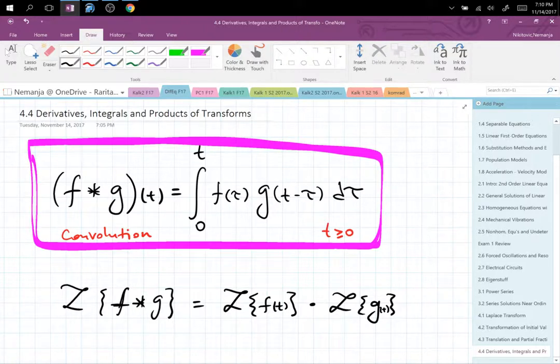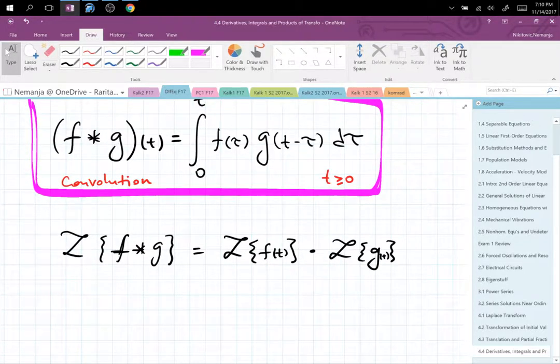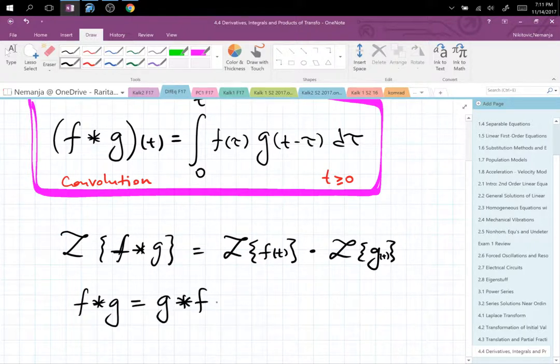But before we do that, the property: f convolved with g is g convolution f. You can prove that obviously by using this definition.